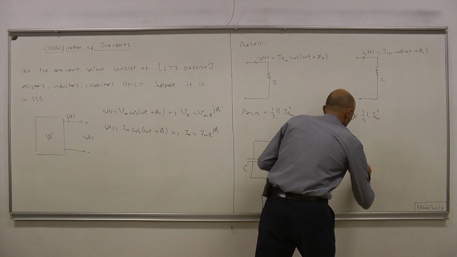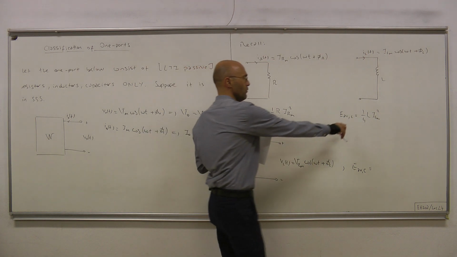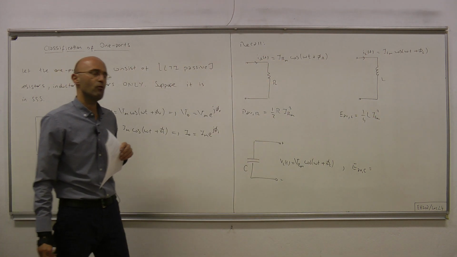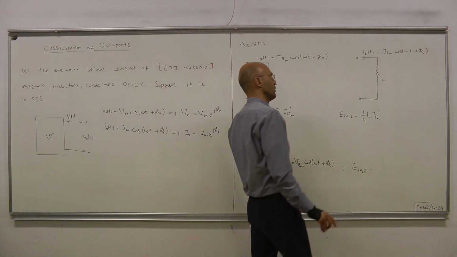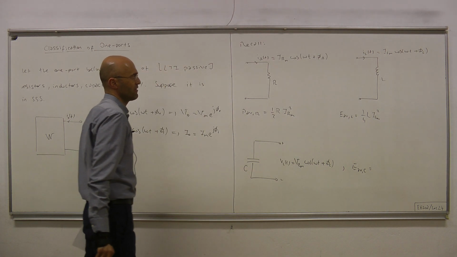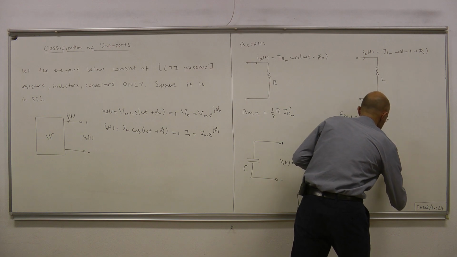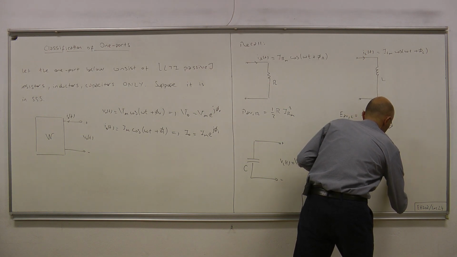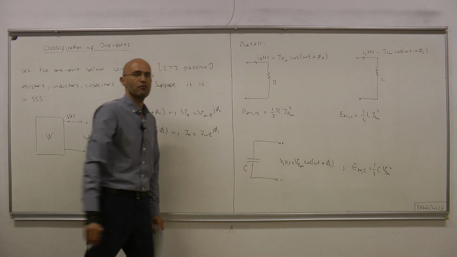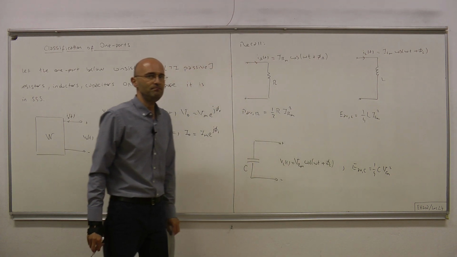For this component, the average stored energy was the dual of this identity: 1/4 C times the magnitude of the voltage squared, or in terms of the effective value of the voltage, 1/2 times C times the effective value of the voltage squared. And the average power for the capacitor, like its dual counterpart, was 0.